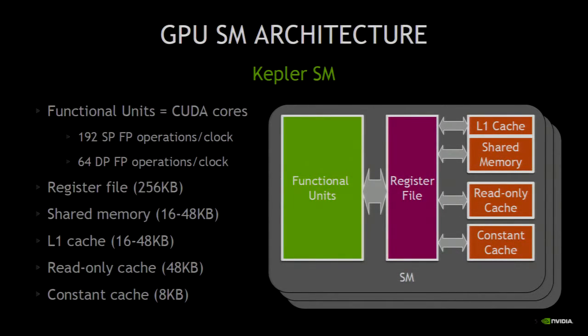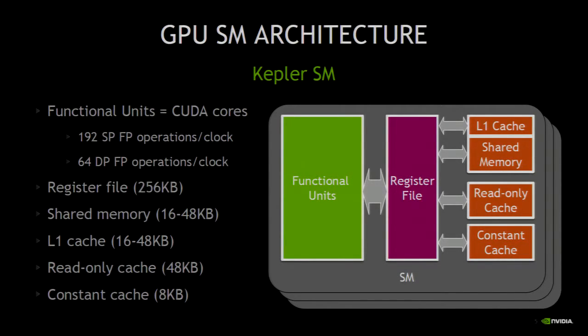Now, if we go deeper, what is the streaming multiprocessor, or SM? An SM consists of a lot of functional units, and we call them CUDA cores. Essentially, they do operations, which can be single precision floating point operations or double precision floating point operations.